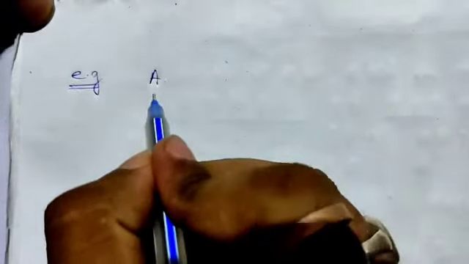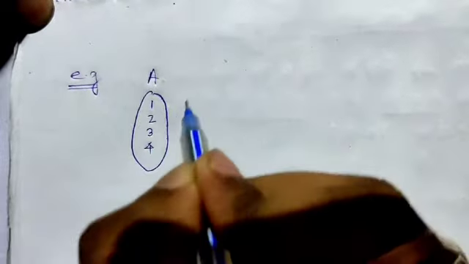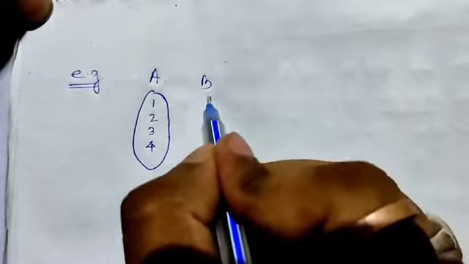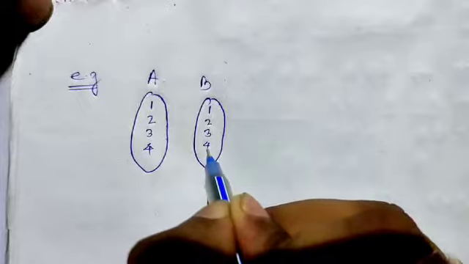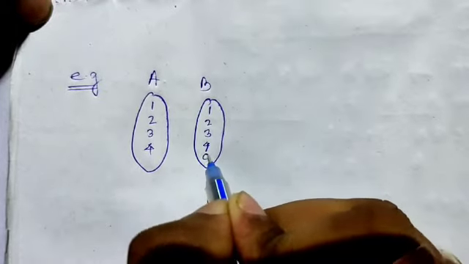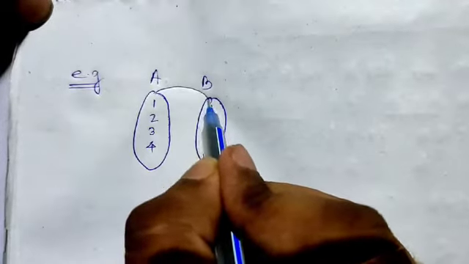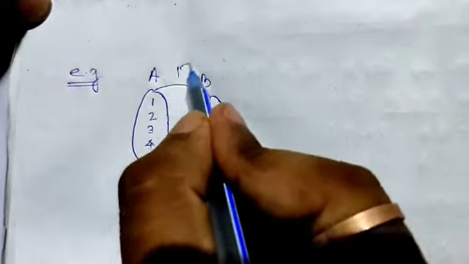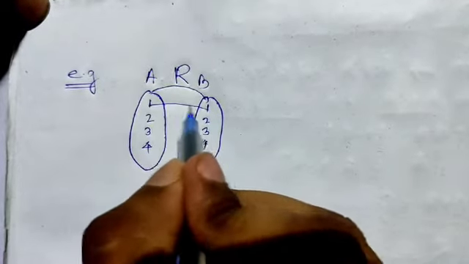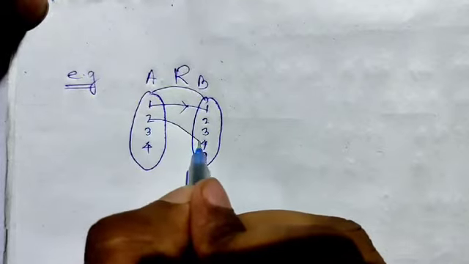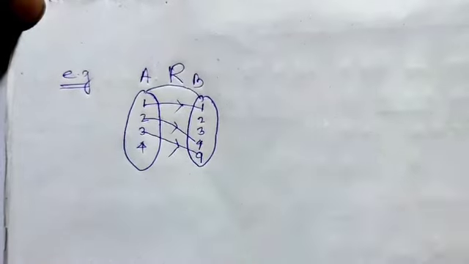Set A having elements 1, 2, 3, set B having elements 1, 4, 9. Here a relation defined from A to B: 1 is related to 1, 2 is related to 4, and 3 is related to 9.